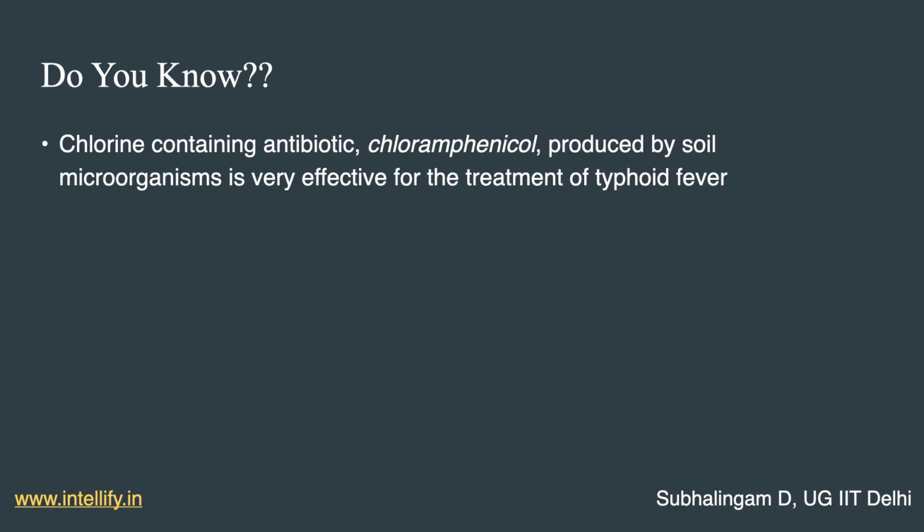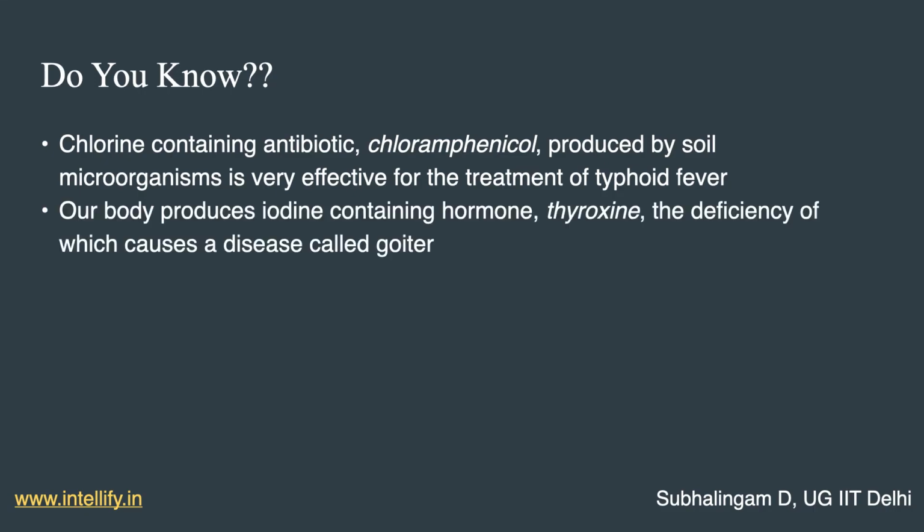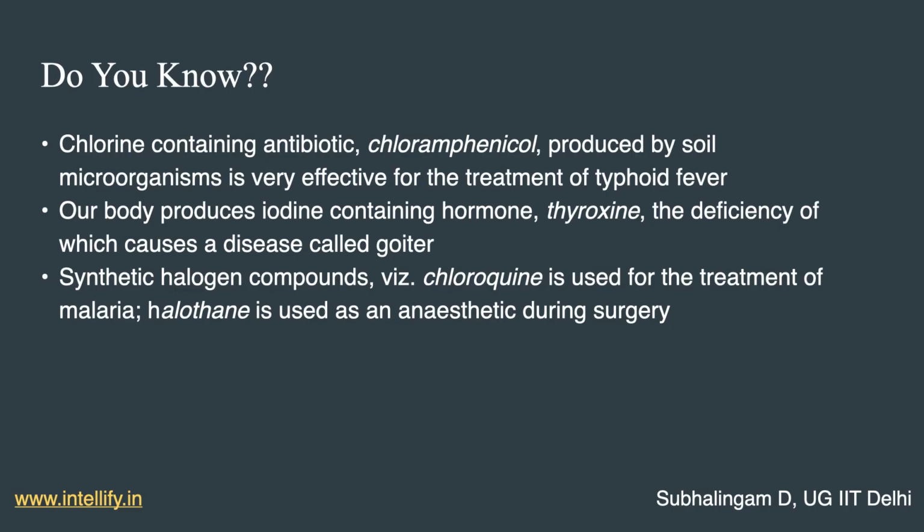And so first example, we have chloramphenicol, that is an antibiotic produced by soil microorganisms, and it is used for treatment of typhoid fever. Our body produces iodine containing hormone, which you all know is thyroxine, and deficiency of this can cause goiter. The first two are naturally produced halogen containing compounds.